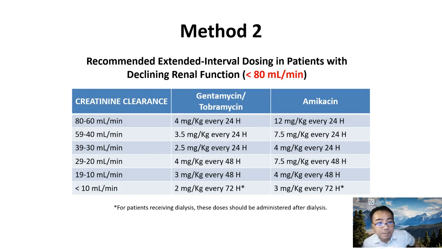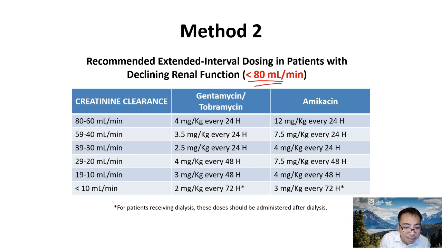The next method, class, is method 2. This is also used, and it is often used, class, for patients with declining renal function. So, the standard is method 1, as long as it's greater than 80. But if it's less than 80, for example, when there is significant damage to the kidneys, then, class, depending on the creatinine clearance of our patient, that will be our dosing.